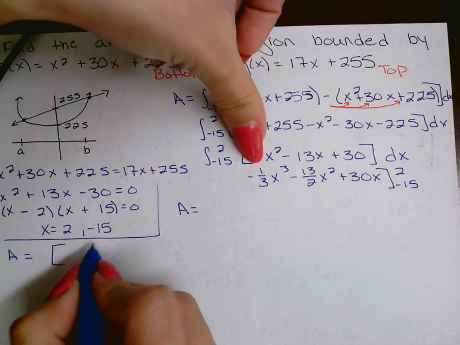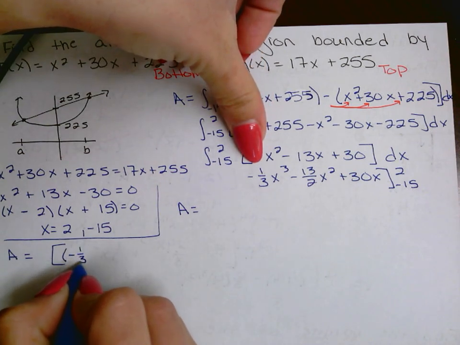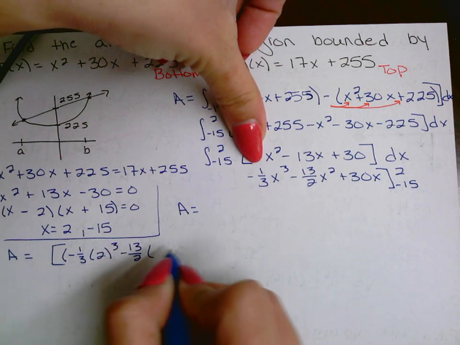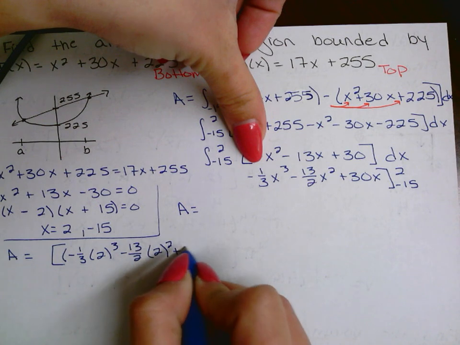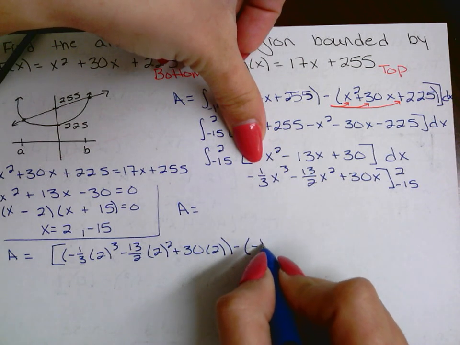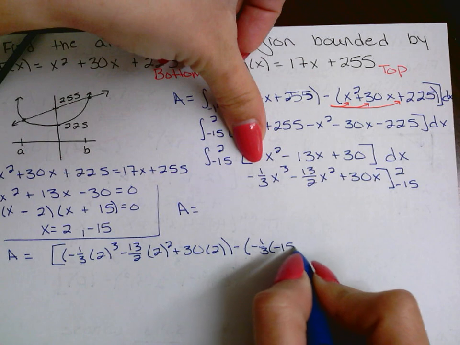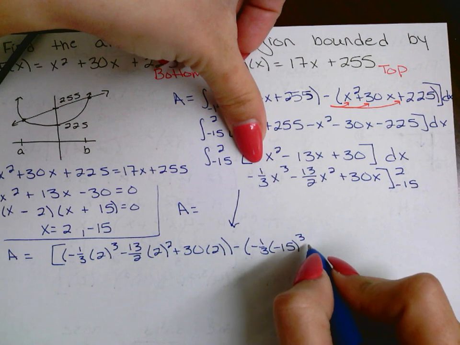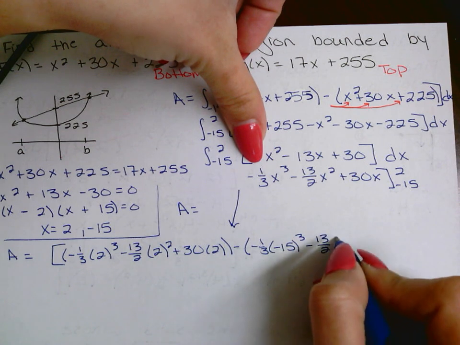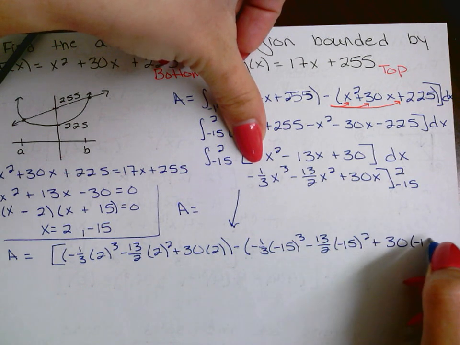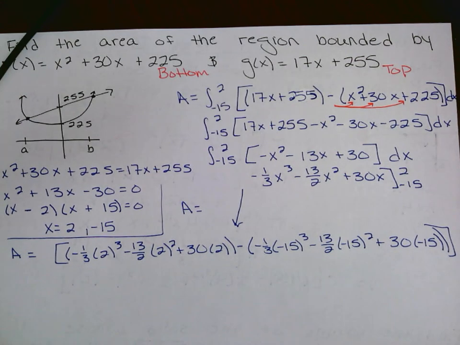So my function at b minus my function at a. All right, and that bottom row is your answer.